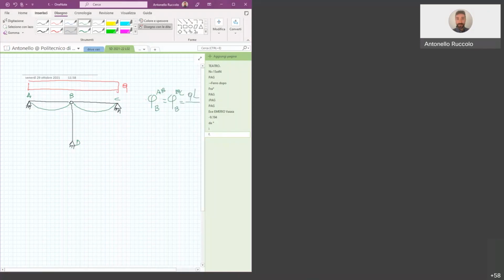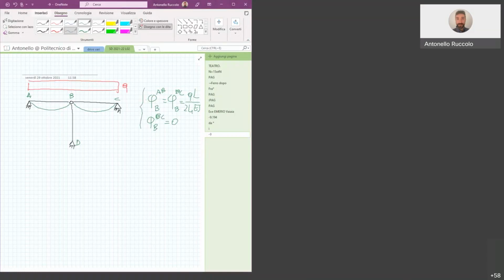It is QL cubed over 24 EI. And we have the rotation in the node B associated to beam or column BD equal to 0.